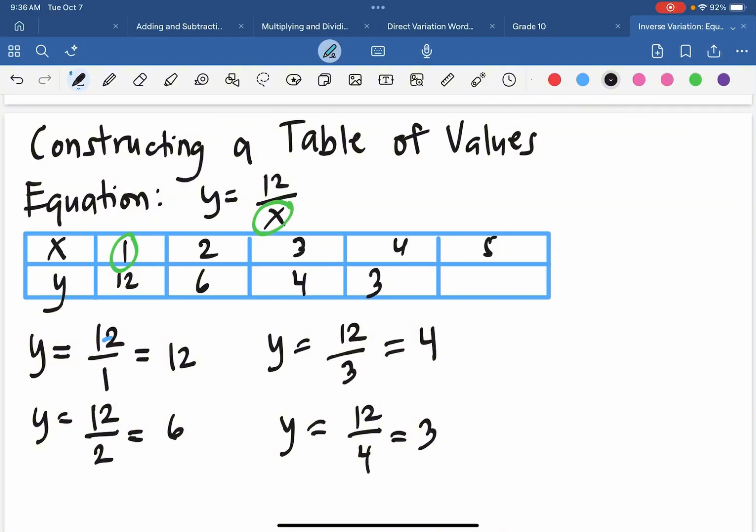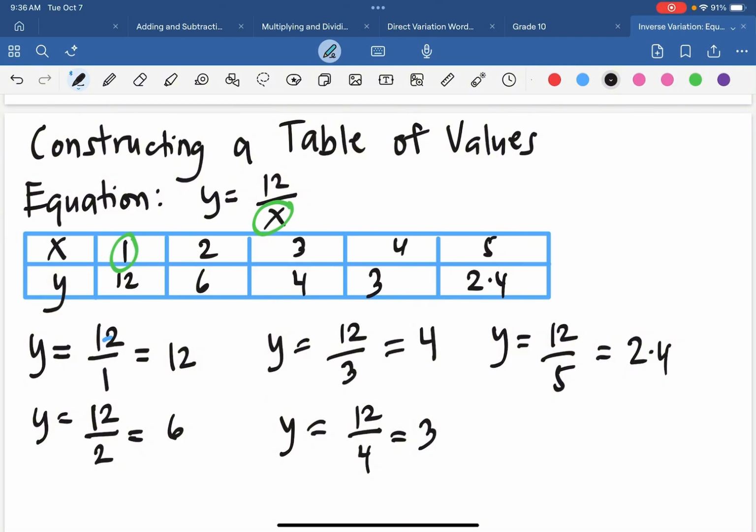And last one, if we let x be 5, so we have 12 divided by 5, which is equal to 2.4. So 2.4.